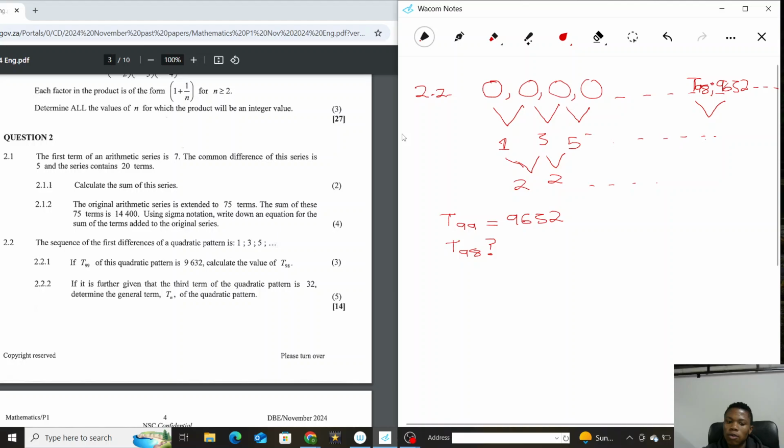So it means that I can find a general term for this arithmetic sequence, which would be Tn equals a plus n minus 1 times d. Therefore my Tn will be: I know that my a is the first term, which is 1, plus n minus 1 times my d, which is the common difference, 2.